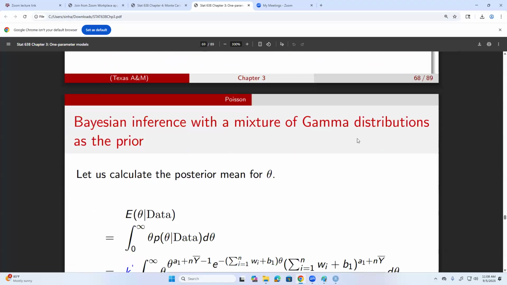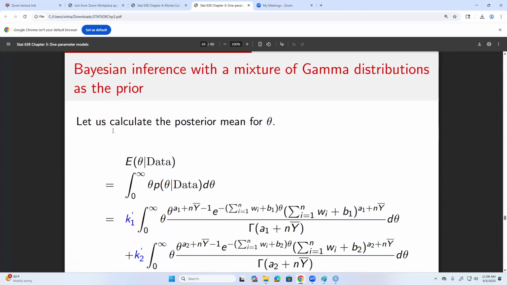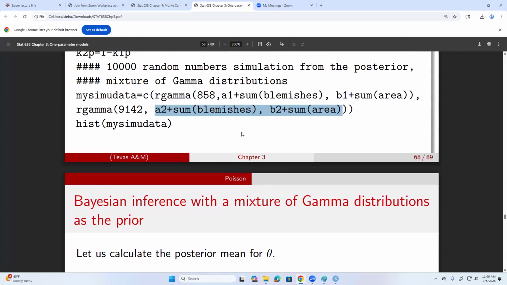Bayesian inference with a mixture of gamma distributions as the prior still continues. Now let us calculate the posterior mean for theta. So essentially I'm talking about posterior mean for theta means calculation of the average value of this mixture distribution.